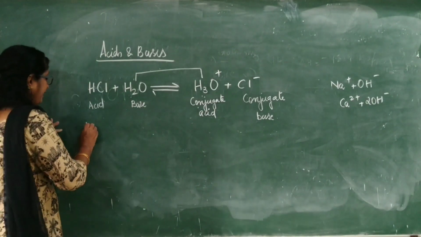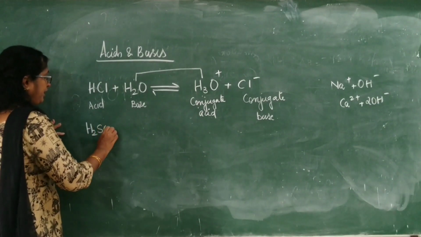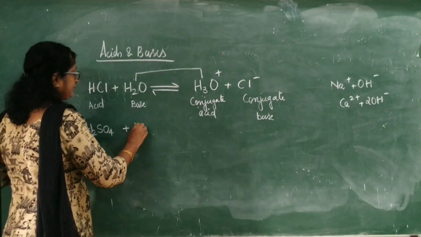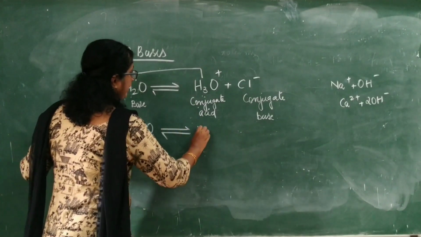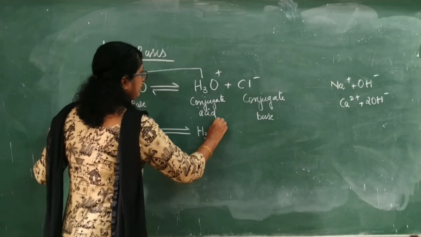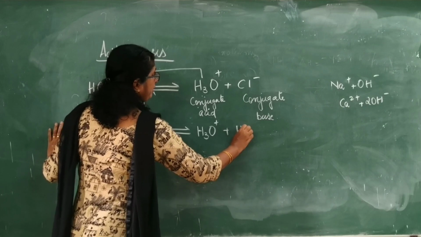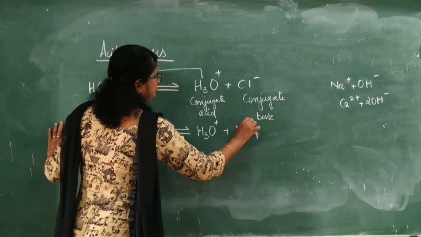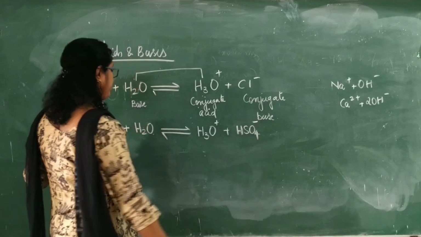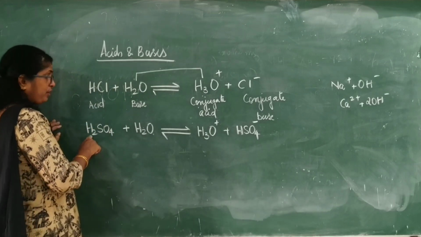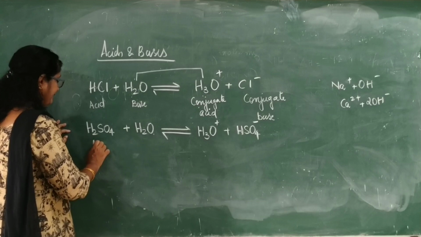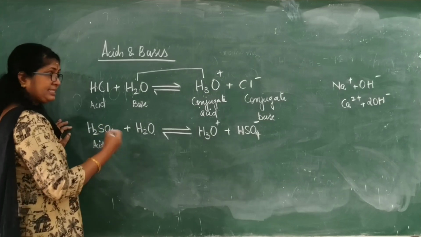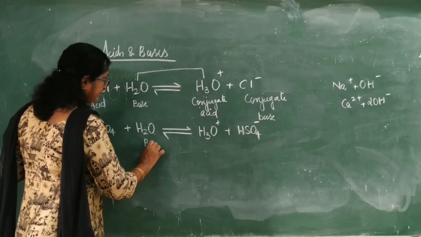Okay. Now I will write H2SO4. H2SO4 plus H2O will become H3O plus and HSO4 minus. H2SO4 donated a proton, so it is the acid. Water accepted a proton, so it is the base.